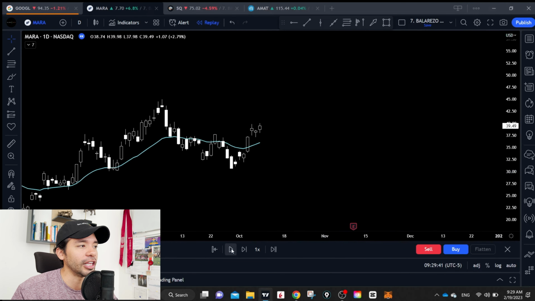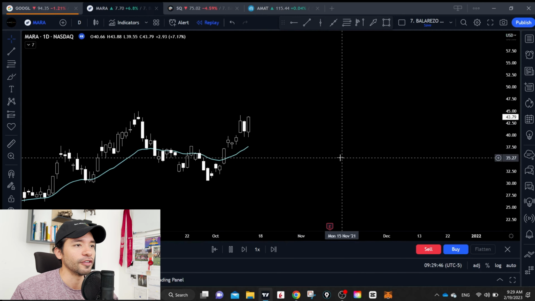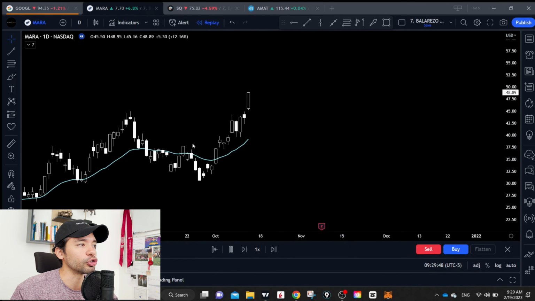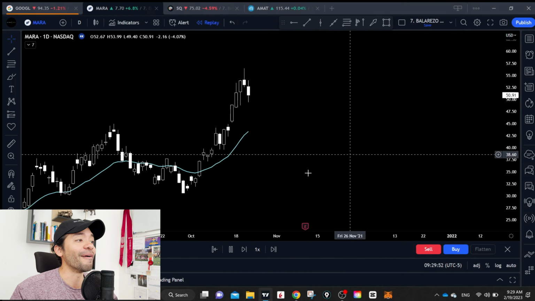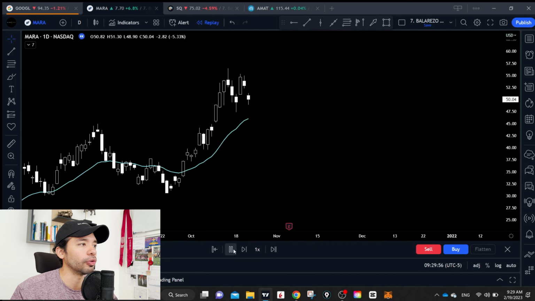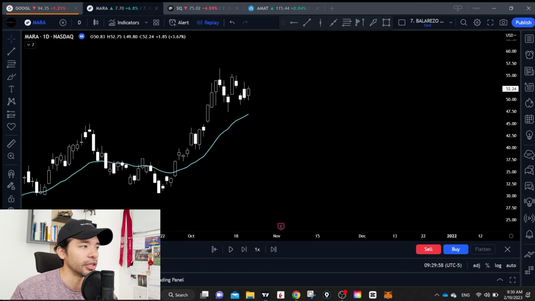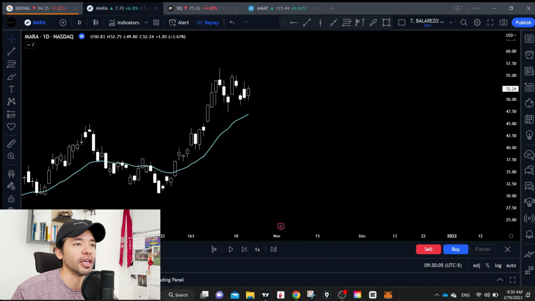So that's basically telling us that this 21 exponential moving average is going to start to move to the upside. So now we're getting more traction, and you can see that price is basically going parabolic above this 21 exponential moving average. So now we're using the 21 exponential moving average as a compass, meaning that when price is above it, we're just going to be looking to trade to the upside in the direction of the trend.